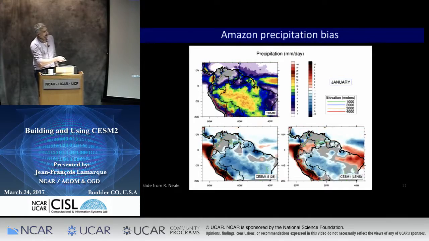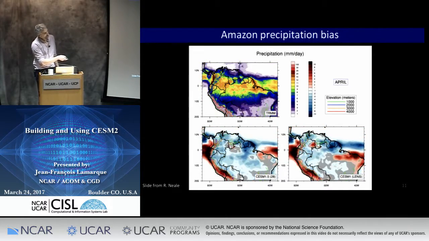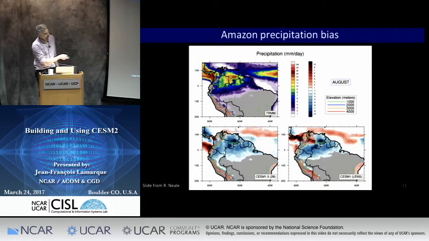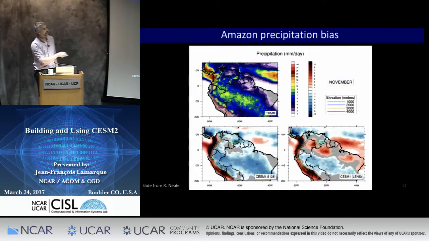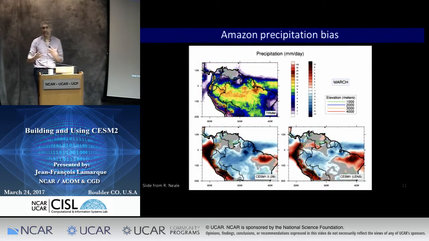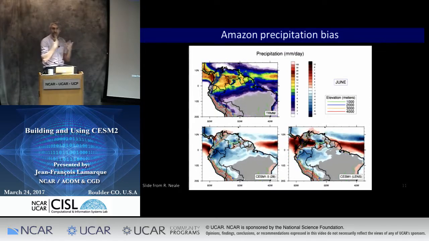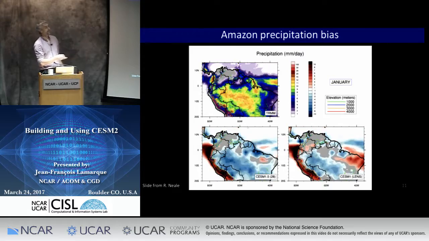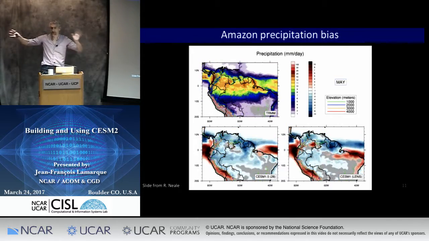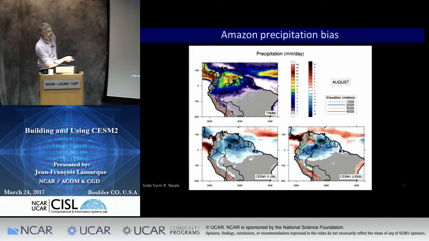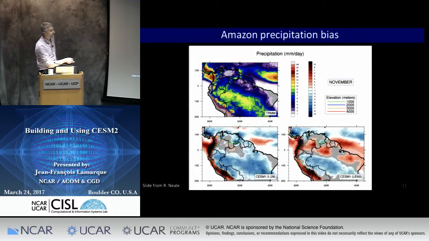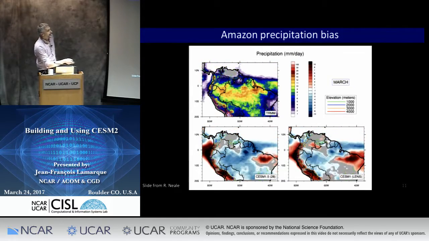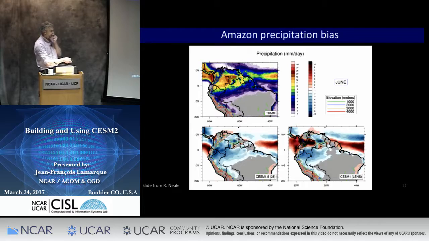So the bottom line is that most of the Amazon is really dry compared to the observations. And so we can do this analysis, and we can say, okay, we feel in all those things that are not working so well in the model, and there's plenty of them, and I'll discuss some others later, how do we try to tackle this?